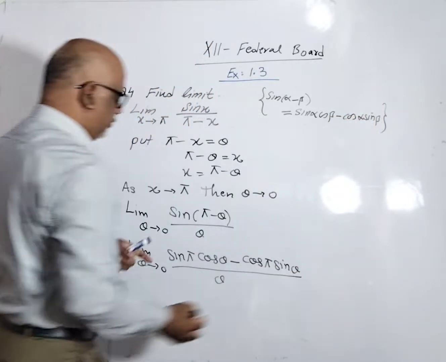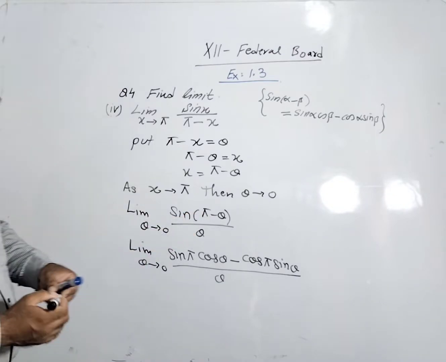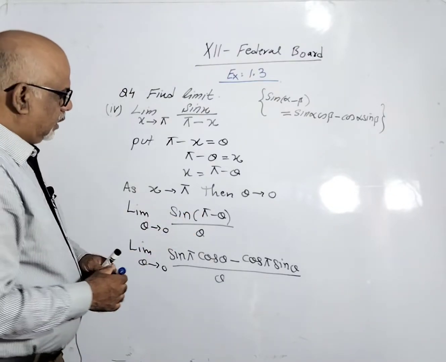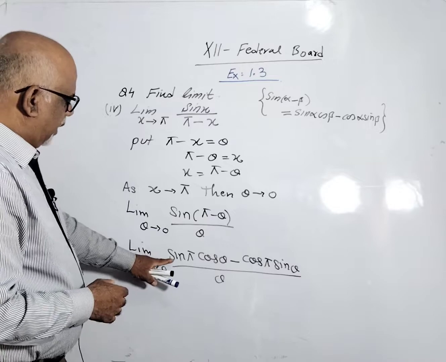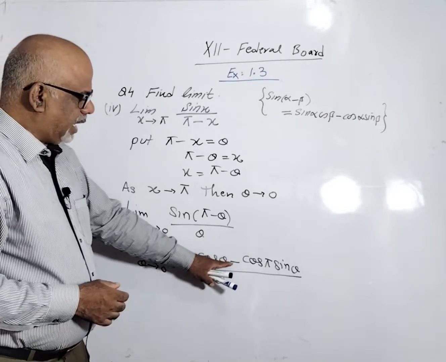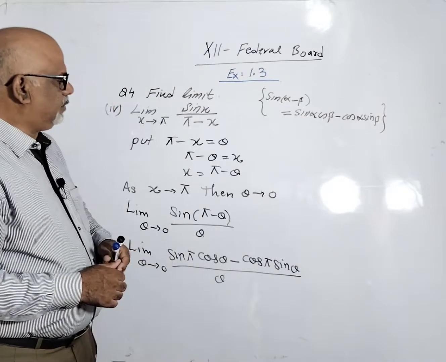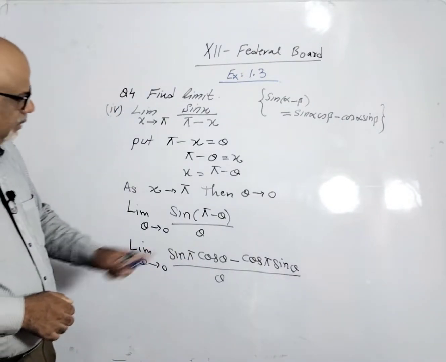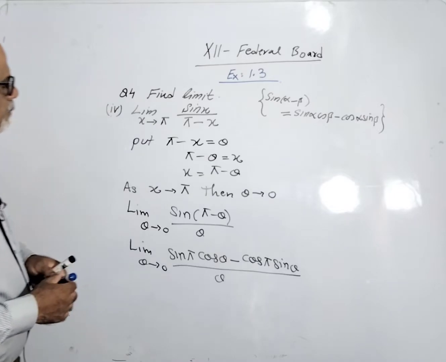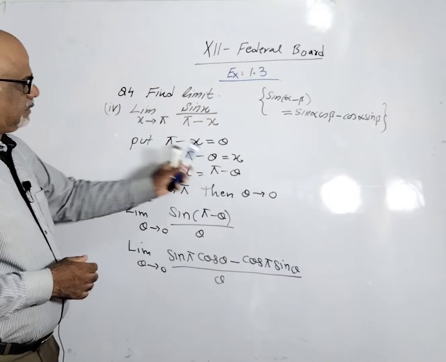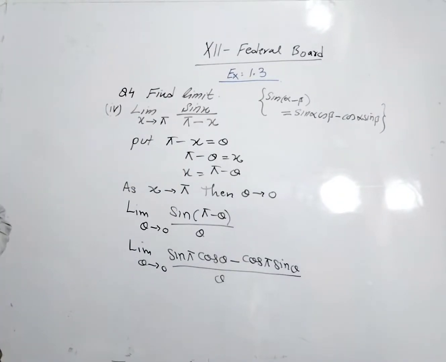This formula we have to use in the numerator. Now sin pi cos theta minus cos pi sin theta over theta, where x equals pi minus theta.